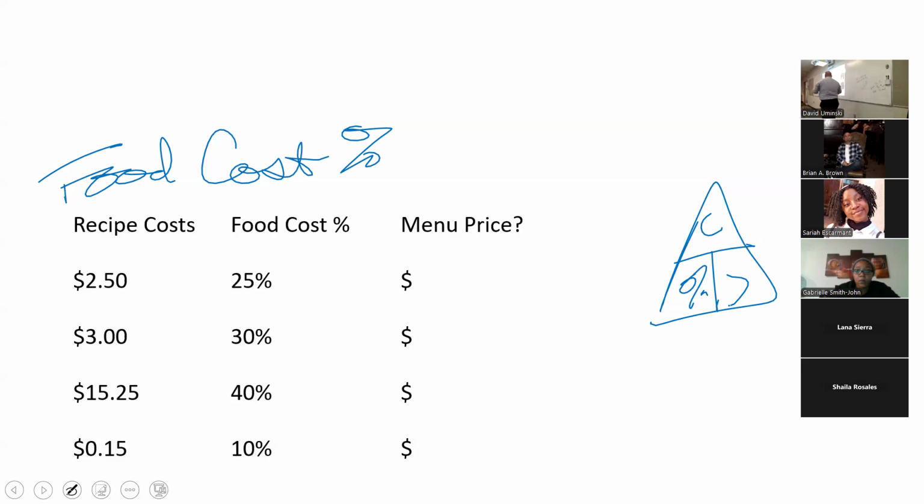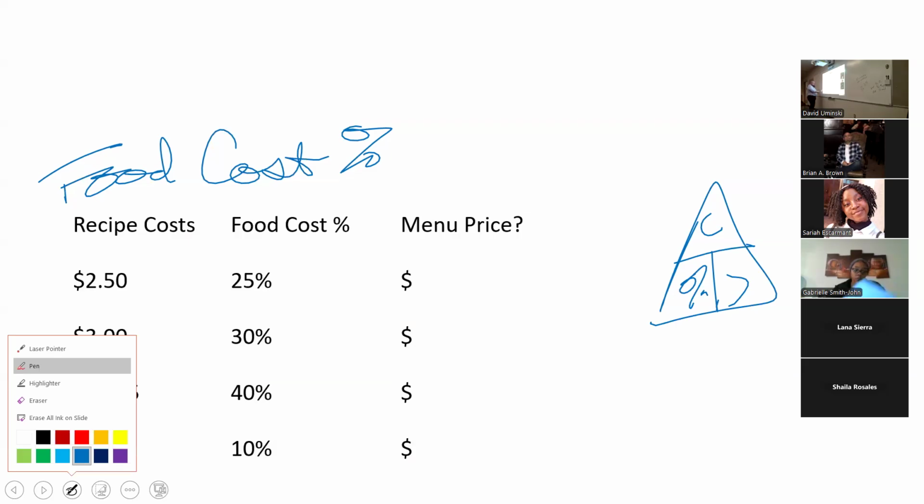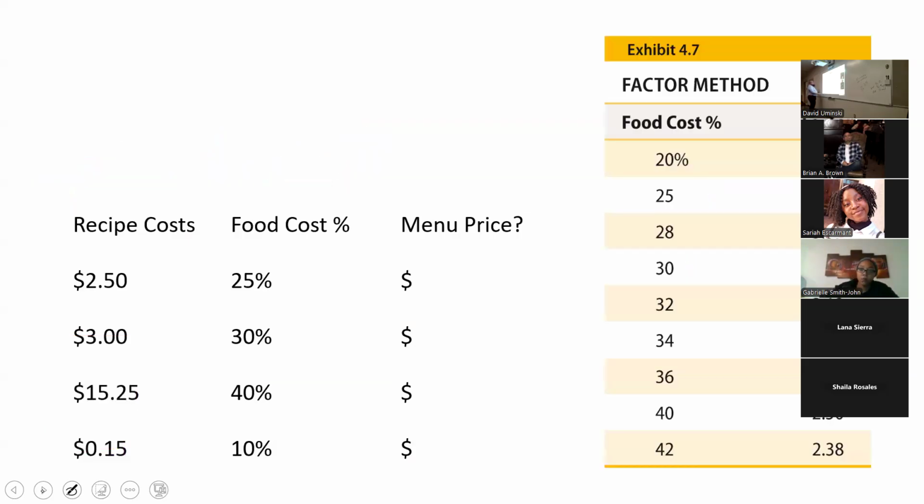Okay. The second one, 2B, we are going to talk about the factor method. The factor method is an easy way to multiply when your food cost percentage is a nice even number. Let me explain what I mean by that.